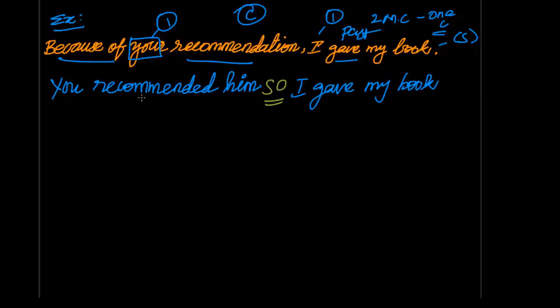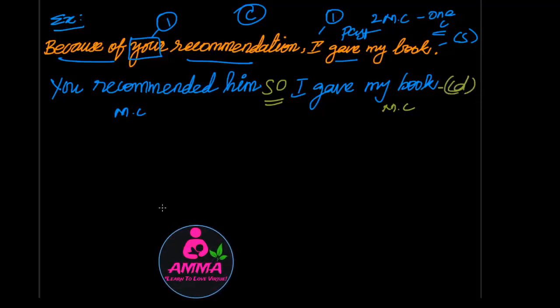Subject, verb are here, and also complete meaning. That is why it is a complete main clause. And we can find a conjunction here according to the rules. Because of means, in a compound sentence, we can put so or therefore. And also here, I gave my book. It also has a complete meaning, so it's also a complete main clause. So 2 main clauses with 1 conjunction is called a compound sentence.